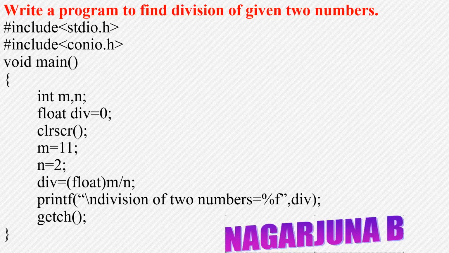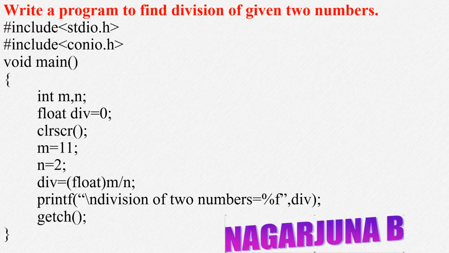Here I have written float within the brackets before the variable m, to convert the integer variable m to a float, so that I get the result including the decimal as well as the number, that is the integer part as well as the decimal fractional part.